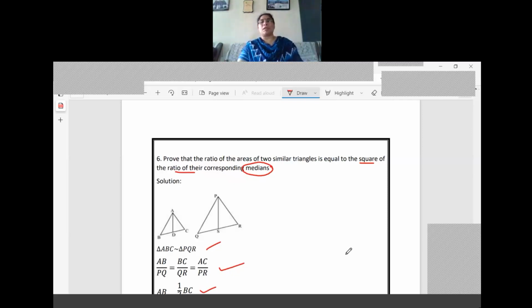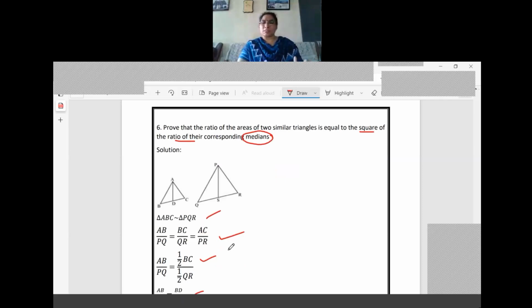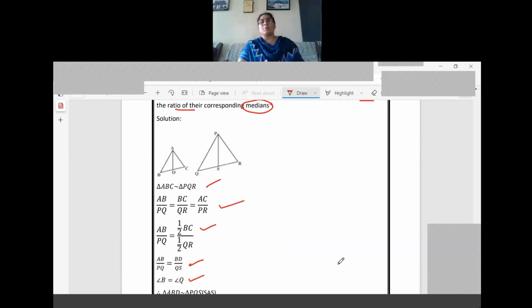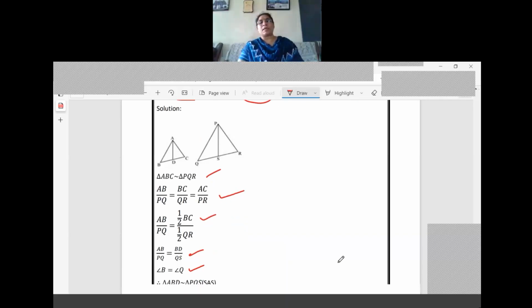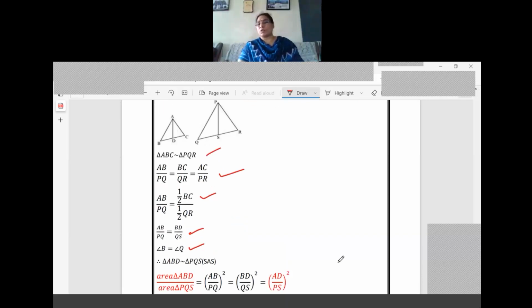Now the sides we should change into medians. We take the side ratio first, then the median. We have considered BC only. Dividing BC by 2, or multiplying QR by 1 by 2, half BC we can replace with BD as well as QS.